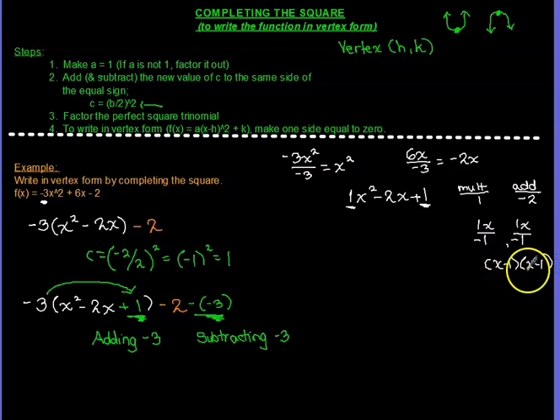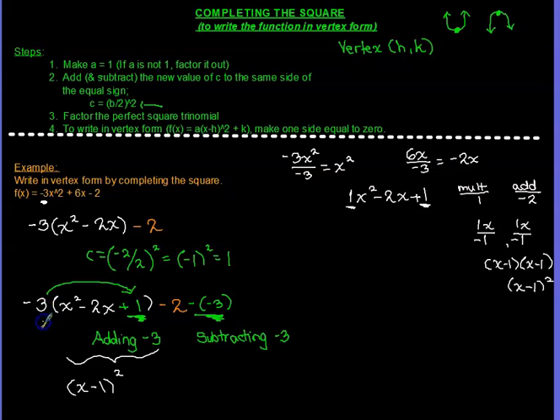Perfect square trinomial means the parentheses say the same thing when you're done factoring them, and they should. So I would rewrite this as x minus 1 squared. I am going to rewrite this parentheses as x minus 1 squared.